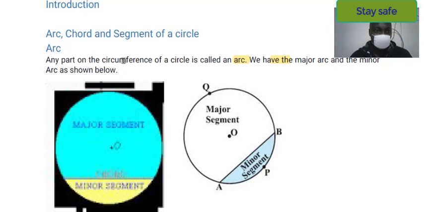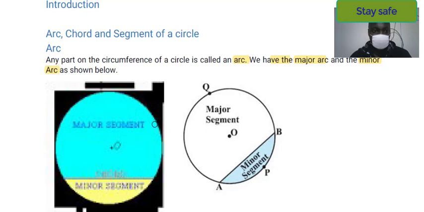An arc is any part of the circumference. Let me explain using this circle that is here. When you talk of an arc, we have two major types of arcs: the major arc and the minor arc.